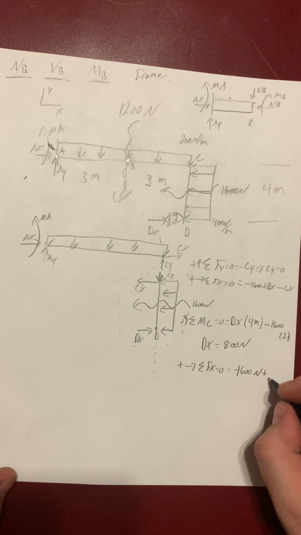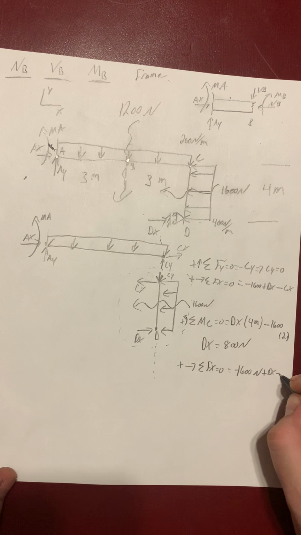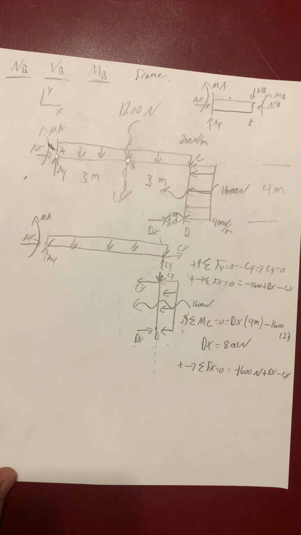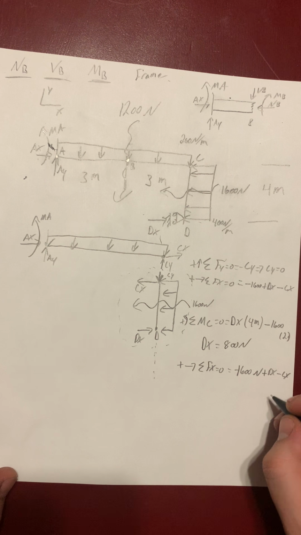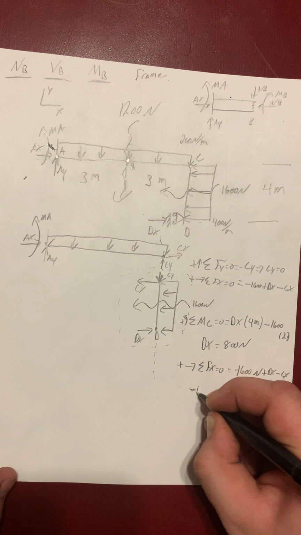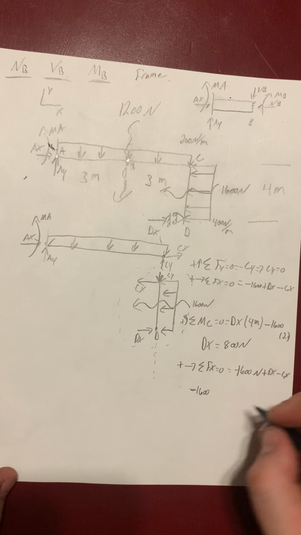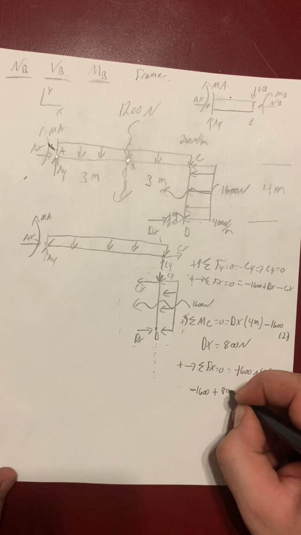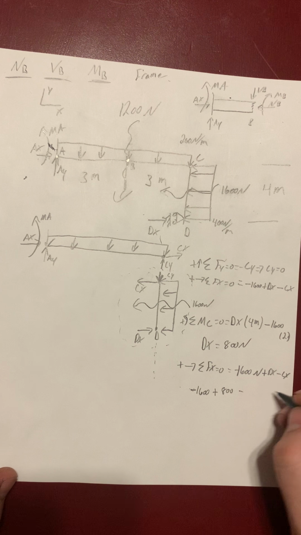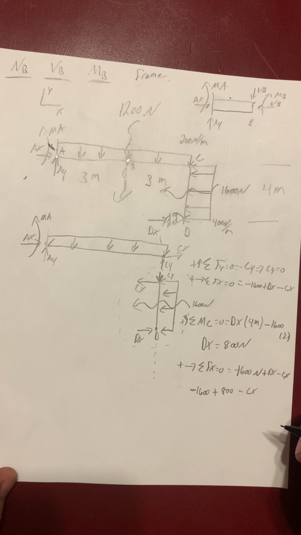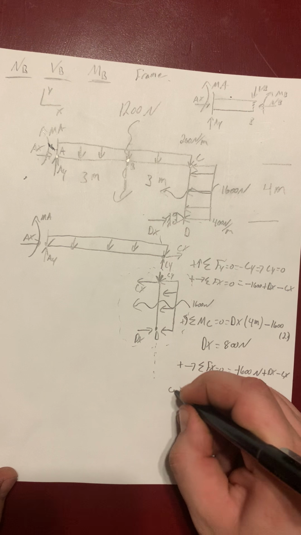Plus dx minus cx. Dx is 800, so we have negative 1600 plus 800 minus cx is equal to 0.